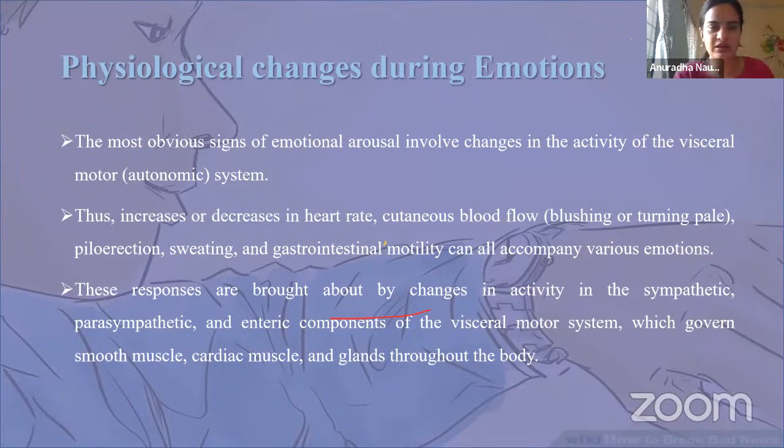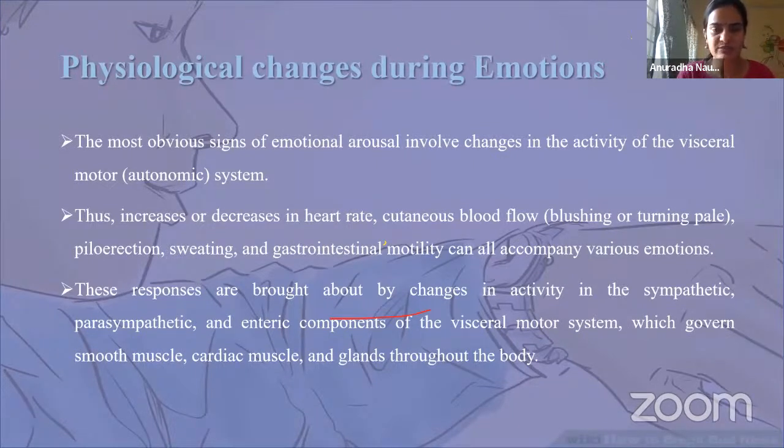So obviously, emotional arousal involves the autonomic nervous system, meaning an increase or decrease in heart rate. The parasympathetic would be a decrease in heart rate and the sympathetic would be an increase in heart rate. These are the two parts of the autonomic nervous system.